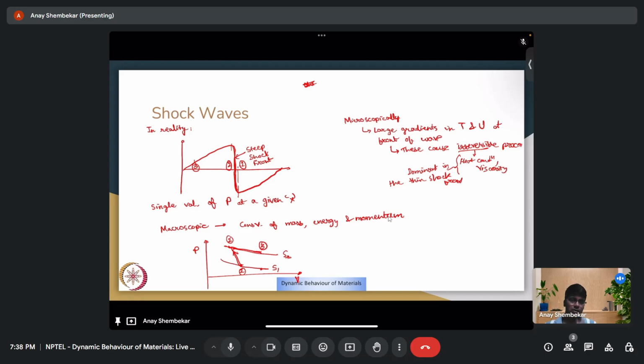Important thing to note is that the shock front is very thin, and that basically means that macroscopically, when we are modeling, we will treat it as a discontinuity in pressure right before and after the shock front. As I mentioned at the beginning, sudden release of energy in a very short duration could be mechanical or chemical and so on.